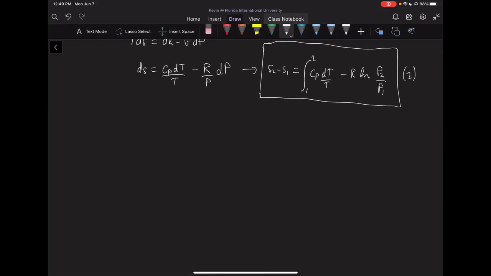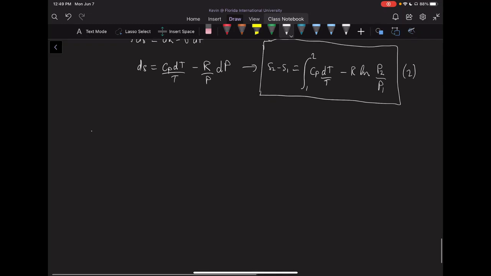And we can look at a quick example of what would happen if we had an isentropic process. It's not really an example, but more of a showing. If we have an isentropic process, it means that delta S is equal to 0.